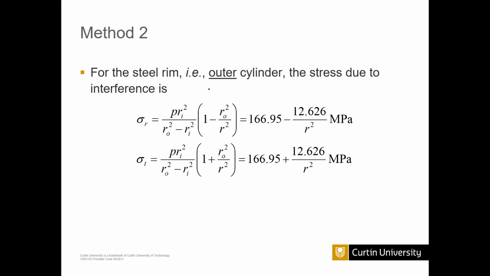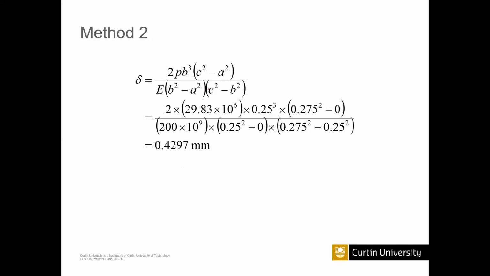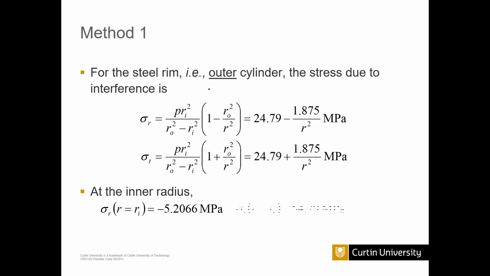At that time, there was a trouble, because when you consider the expansion due to rotation and pressures, there will be displacement. But if you consider two cylinders separately, what happened? The outer cylinder's inner surface can expand much higher than the inner cylinder's outer surface. Then there is a gap. You need to keep in mind that gap should be equal to 0. That's why they mention this statement very clearly.